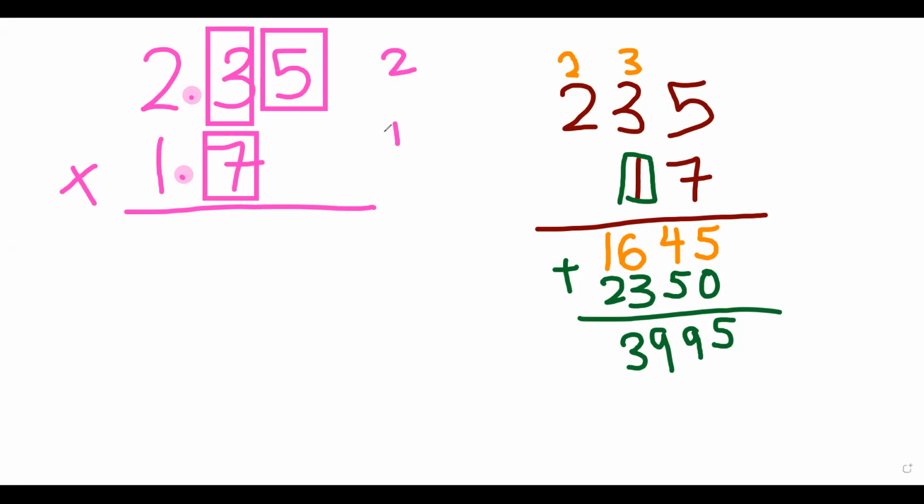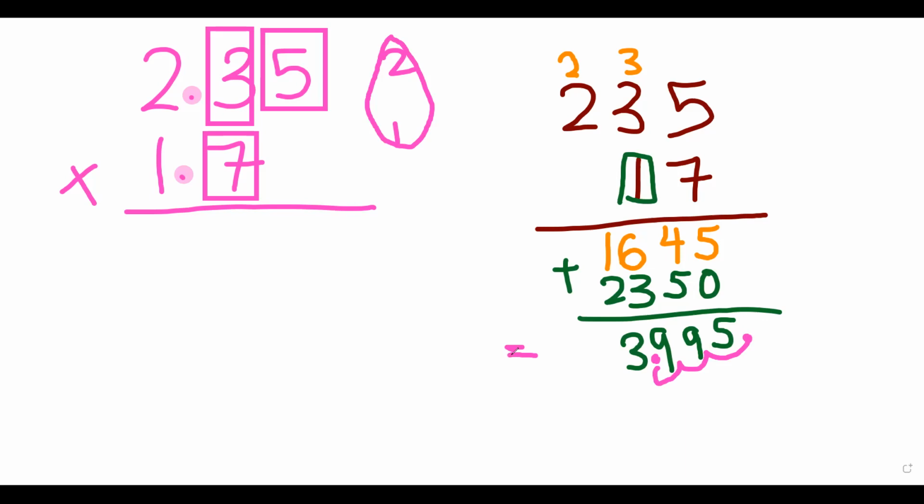Then I will add them together. 2 plus 1, 3. Okay, so first of all, you count how many digits after the decimal point. They are 2. Here they are 1. Then I add 2 plus 1, 3. Then, as we said yesterday, there's a hidden decimal point here. I will start counting from the right, going to the left with 3 digits. So I will count 1, 2, 3.